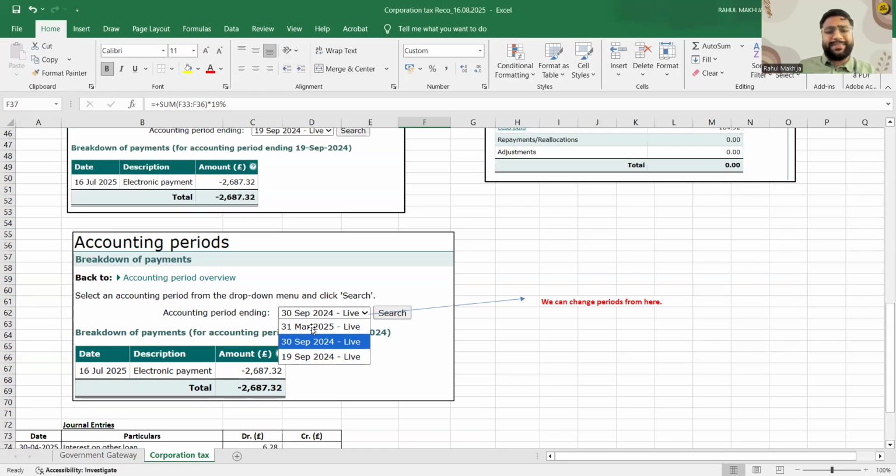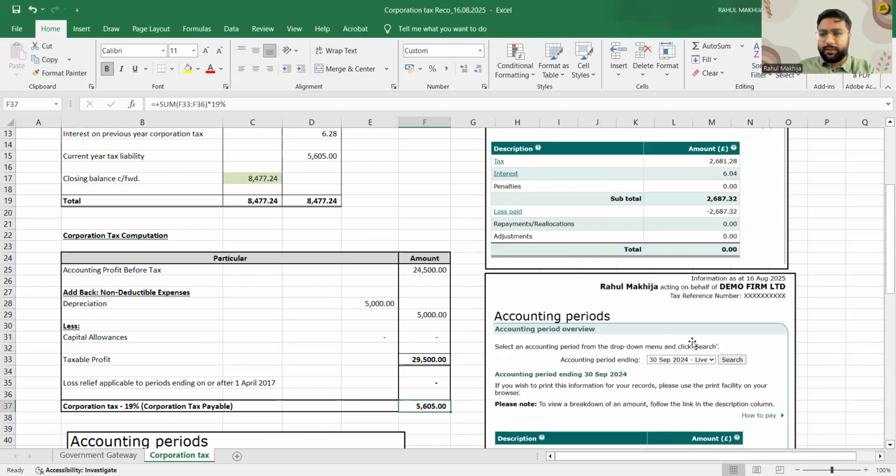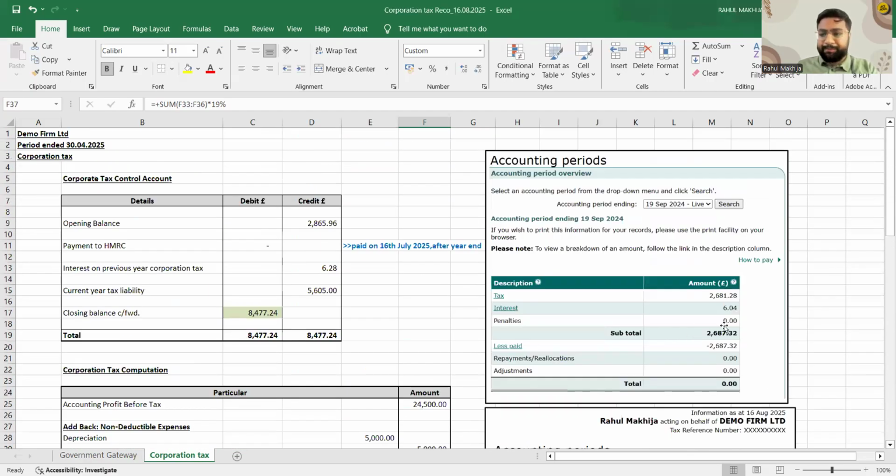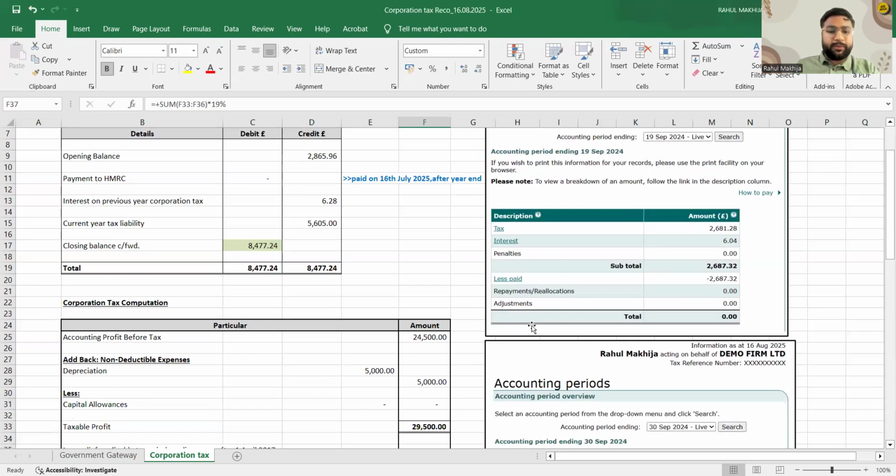There might be possibilities that here in the HMRC Gateway, along with interest, there might be some penalties. There might be reallocation to CIS, and there might be interest receivable as well. So we need to account accordingly.